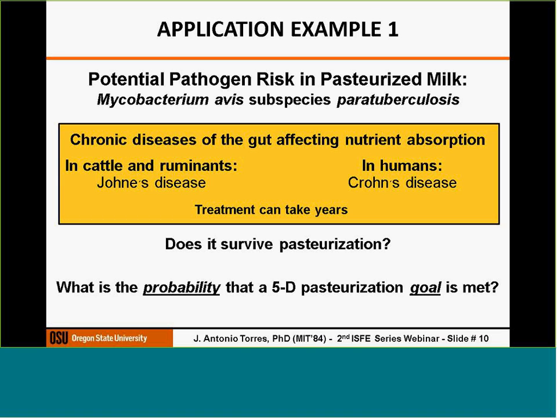So if we define the goal of pasteurization as a 5D reduction, since the juice pasteurization regulation was passed a few years ago, let's assume that we have an objective of 5D pasteurization for this pathogen to ensure no bacterium survives pasteurization.